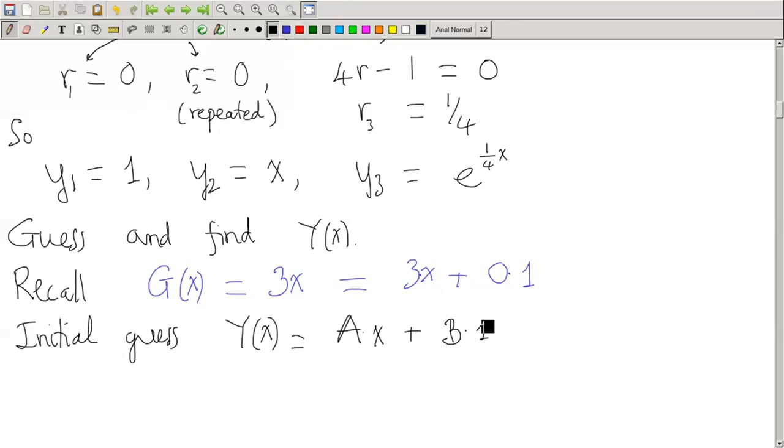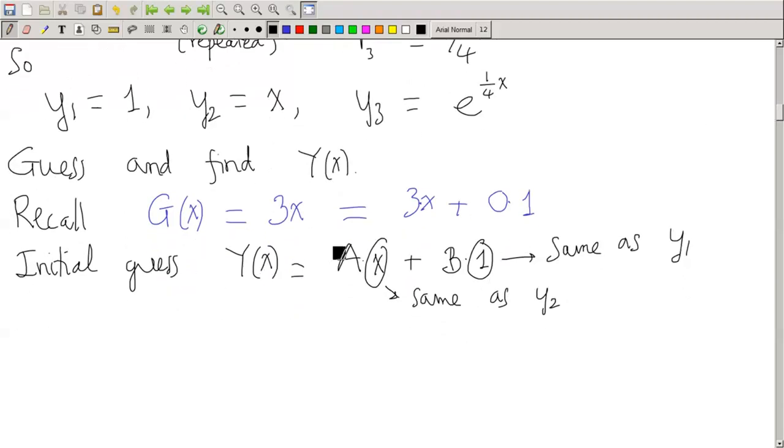However, if you look at the initial guess, we have a times x, b times 1. This 1 here is actually the same as y1. And this is the same as y2 as well.